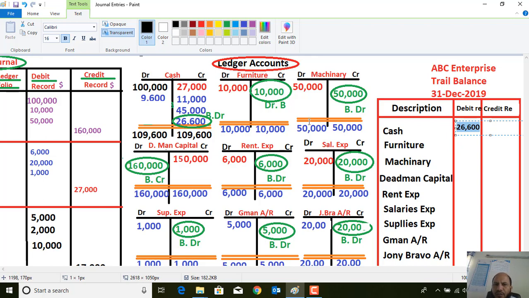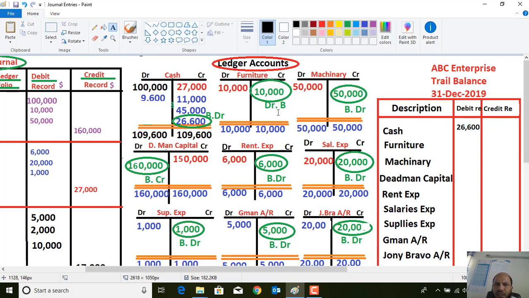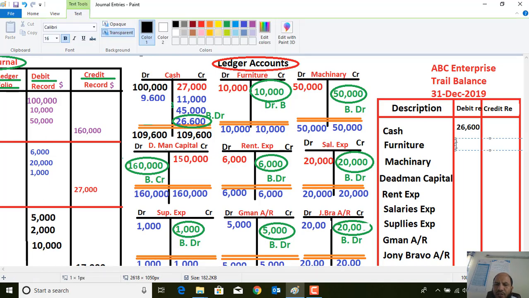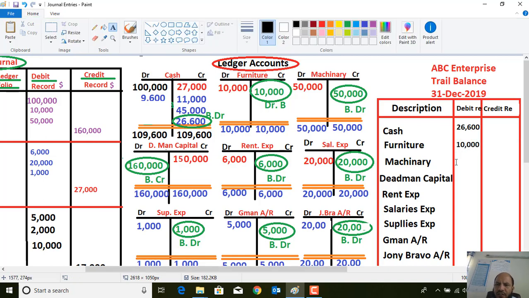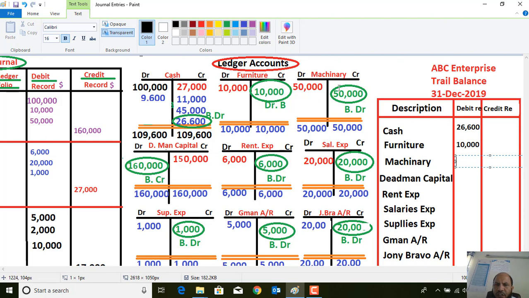Furniture is 10,000, but still the amount is at the credit side, but we will record this at the debit side because it is a debit balance. So we will write down 10,000 rupees. In the same way we have machinery. Machinery is available at the credit side, but we will record this at the debit side because it is a debit balance for the company.